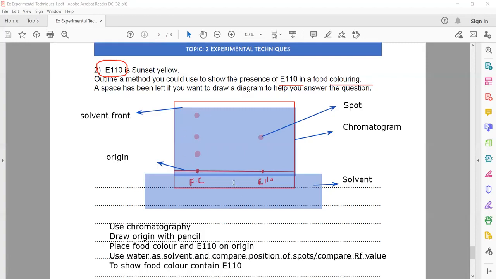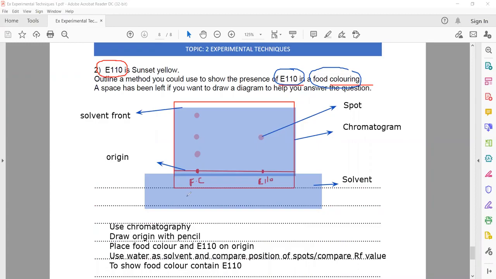Is it clear, this experiment in which we show that this food coloring contains E110? Because in the question, outline a method you could use to show the presence of E110 in a food coloring, we want to show that a food coloring has E110.